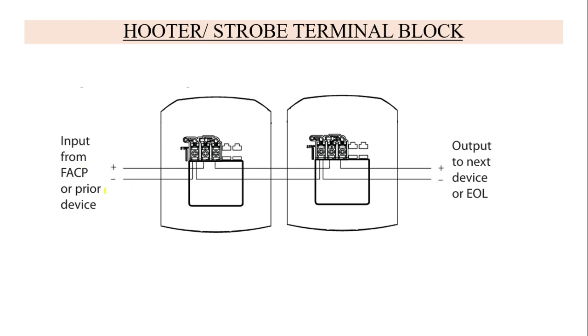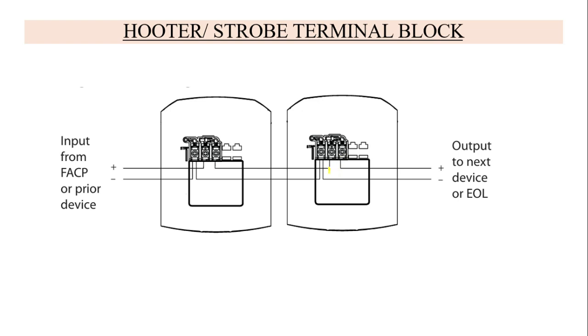Here plus and minus, the 24 volt supply, is given here. So this is plus and this is minus. From minus it is again looped to another device, the Hooter, and the common one is this one. Plus is the common one, so we can loop it.